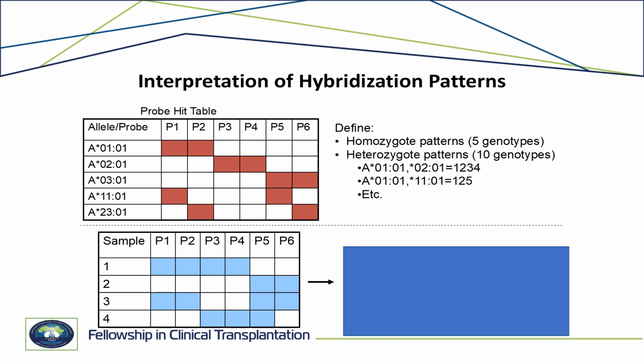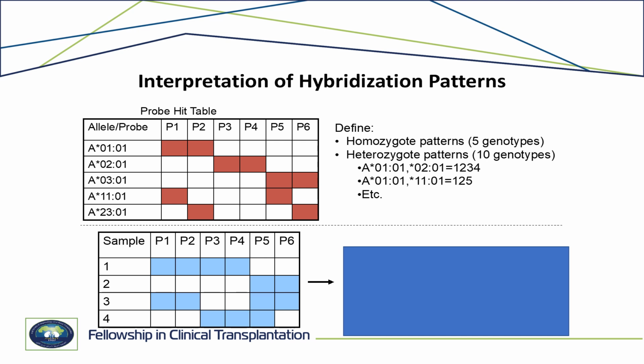So let's see the bottom example to see if you understand the concept or not. Let's look at the first. If now you run a sample, for instance, sample 1. Sample 1 gives you probe 1, probe 2, probe 3 and probe 4 positive.